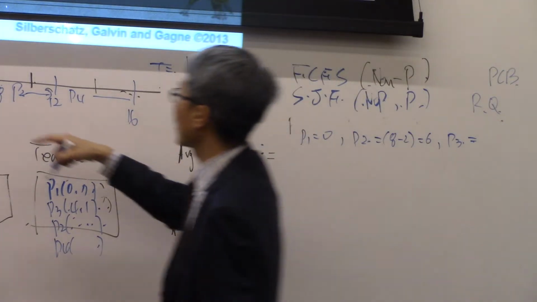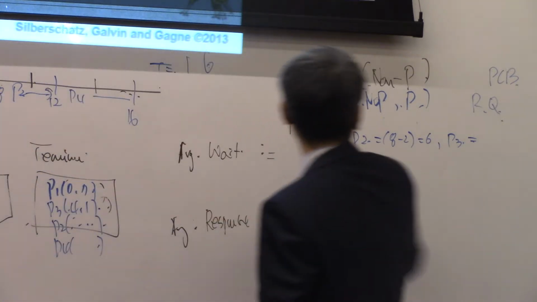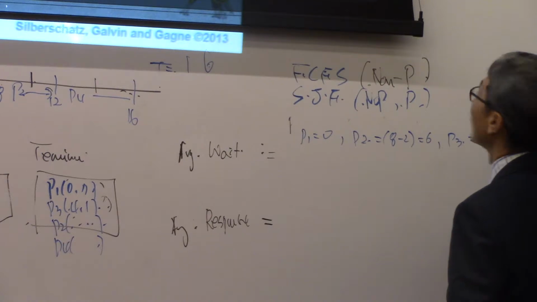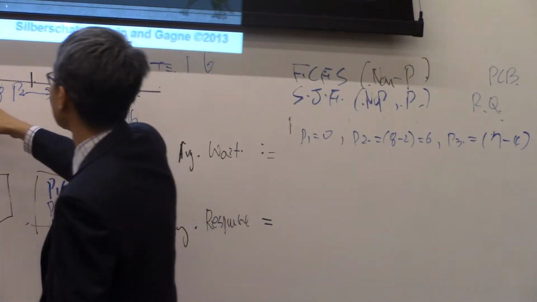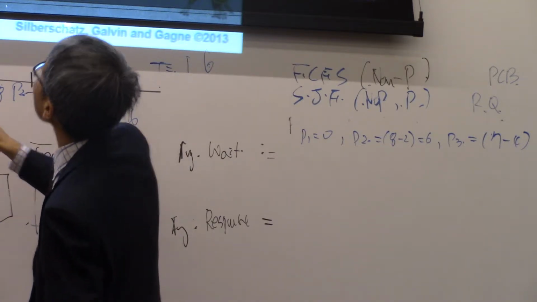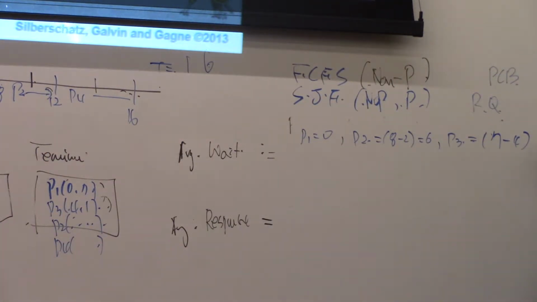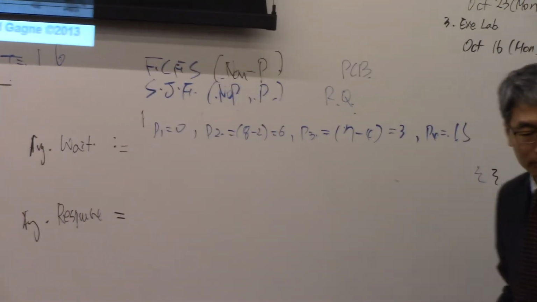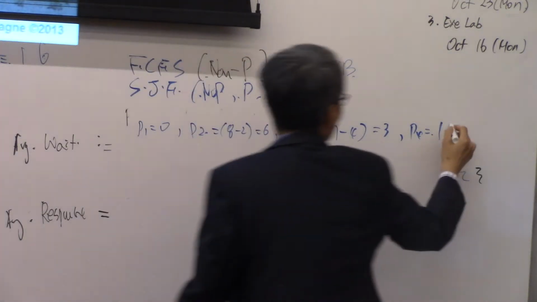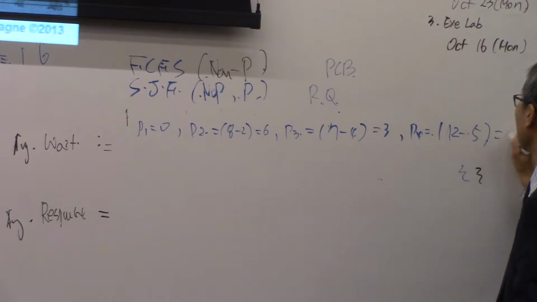P3 arrived at 4 and was selected at 7, so 7 minus 4 is 3. P4 arrived at 5 and was selected at 12, so 12 minus 5 is 7.